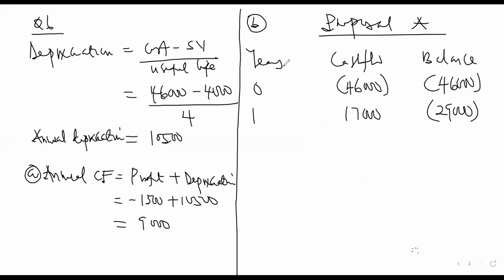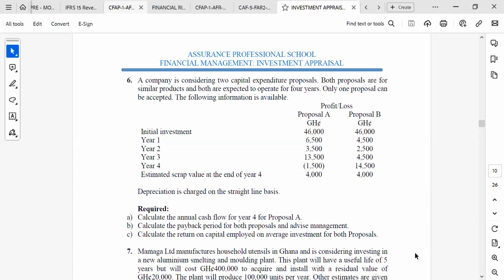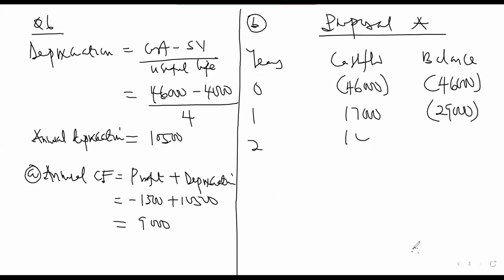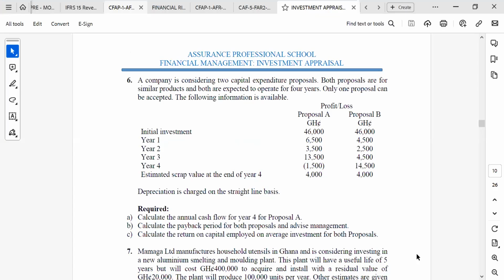Okay, let's come to year 2. What is the cash flow for year 2? 14,000. Okay, so year 2 will be 14,000. What will be the difference? 15,000. Okay, year 3 will be what?